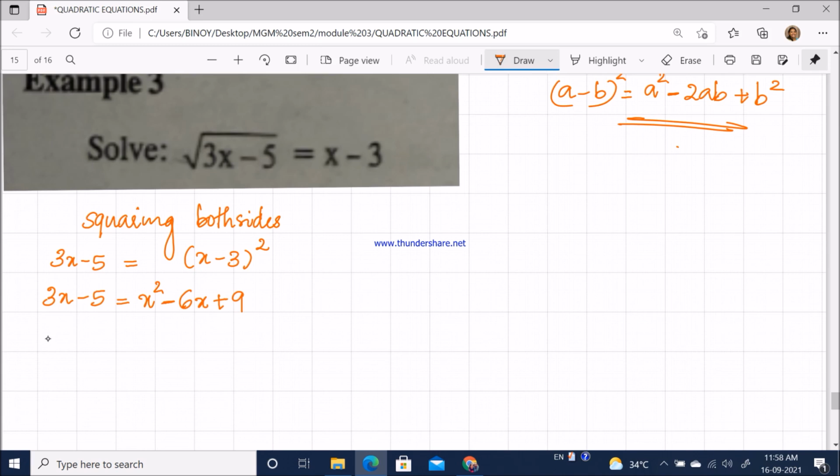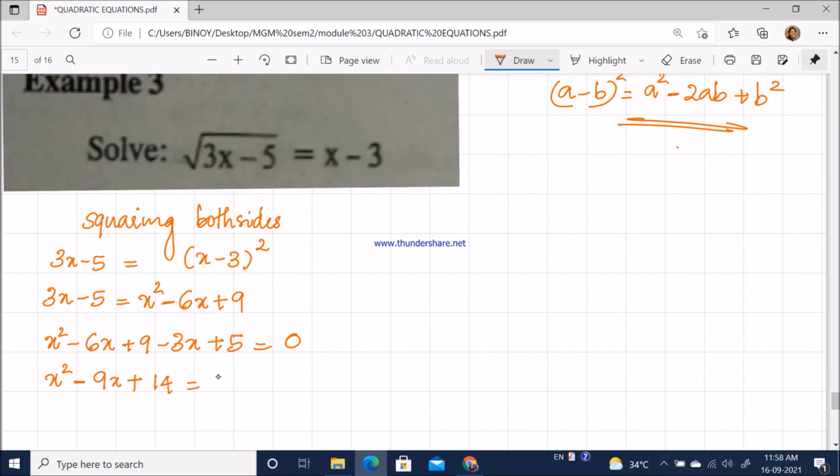So it is x square minus 6x plus 9 minus 3x plus 5 equal to 0. So x square minus 9x plus 14 equal to 0.